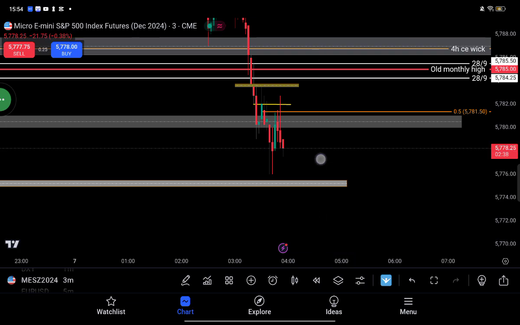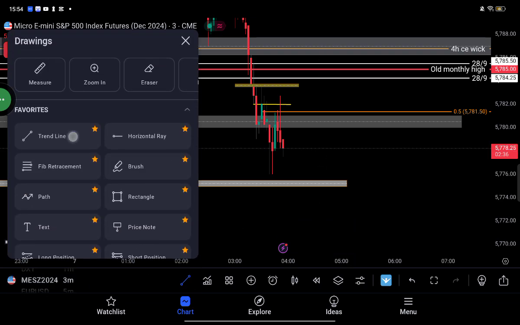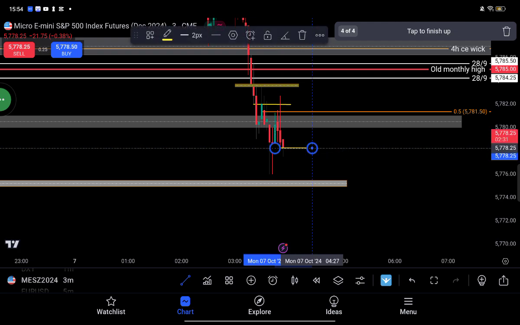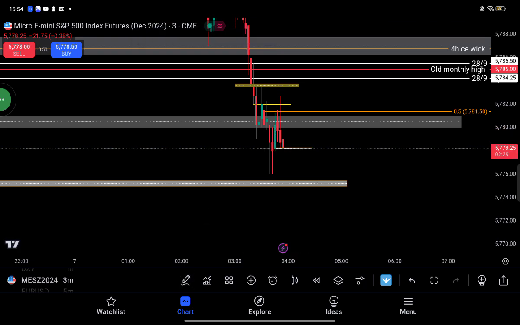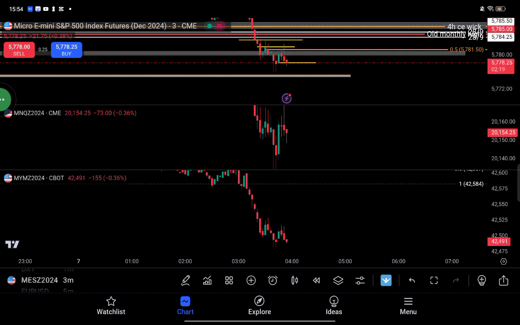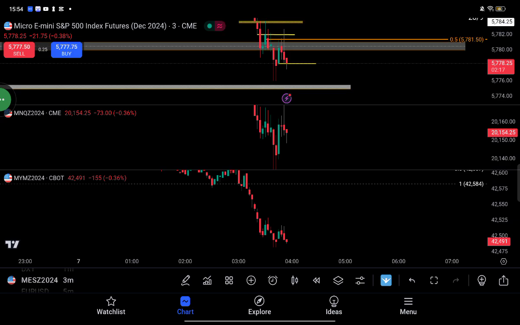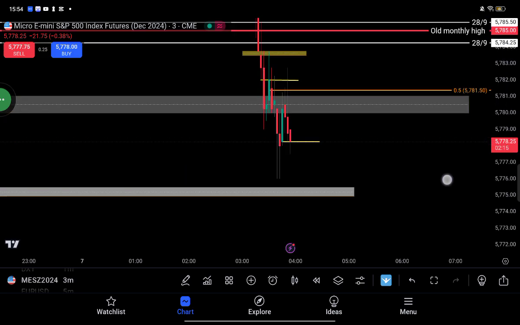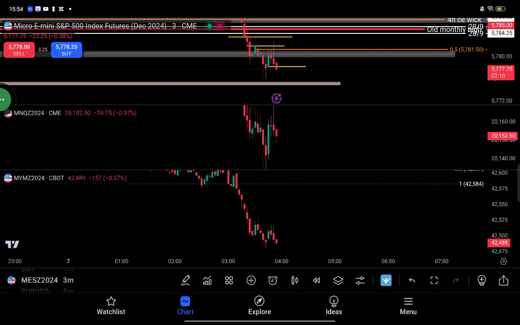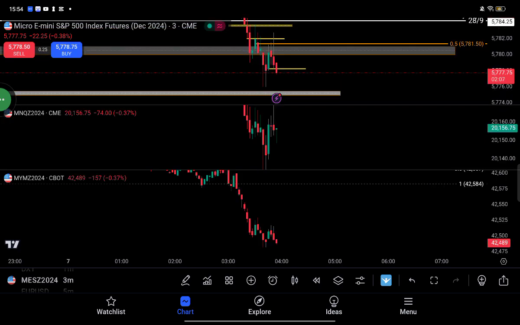So look at this. This is order block. So do we reject lower here? Okay, Nasdaq rejected higher.